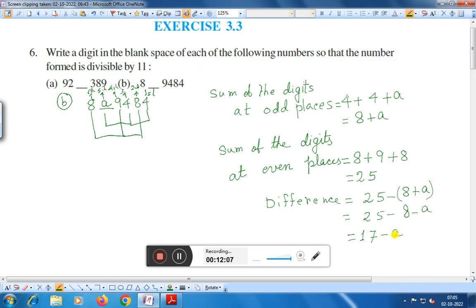Now we know that for the divisibility of 11, the difference should be either 0 or a multiple of 11.